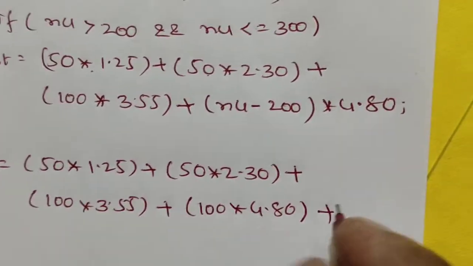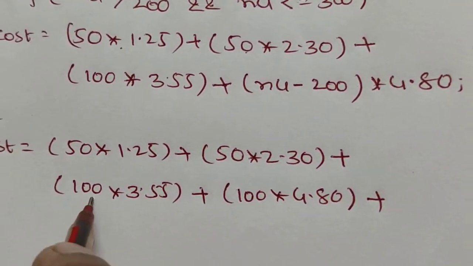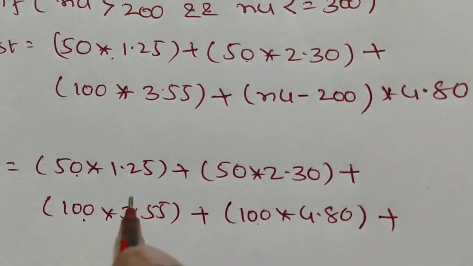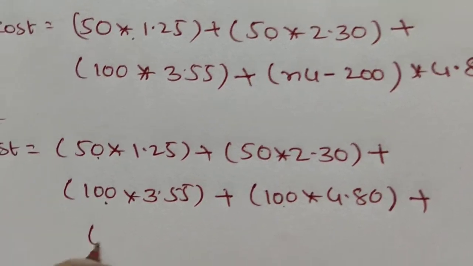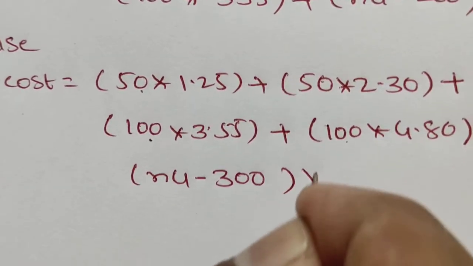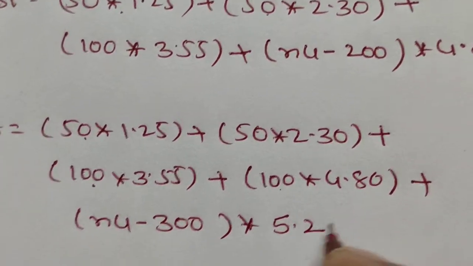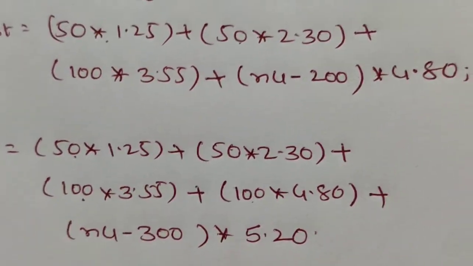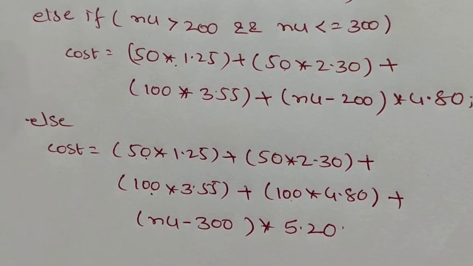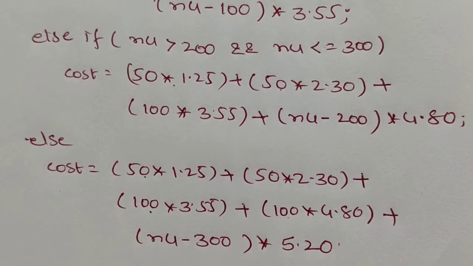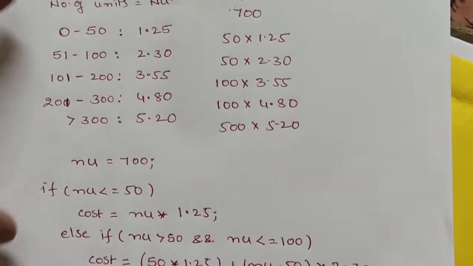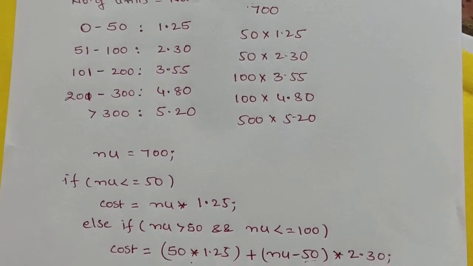The total number of units consumed is 300. Suppose more than 300, for that reason number of units minus 300 into 5 rupees 20 paise. This is the rough logic for calculation of the electricity bill, taking the inputs like that and considering the slabs like that.